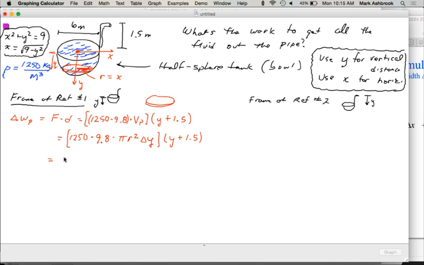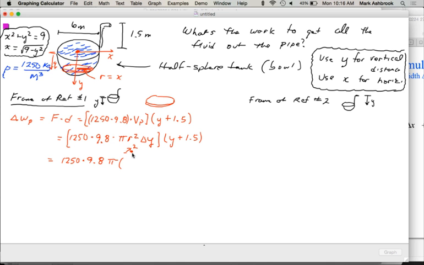So here we go. We've got the 1250 times 9.8. That's the weight density. Now we need r squared, which is x squared. We could solve for x and plug it in here, or we could just solve for x squared.